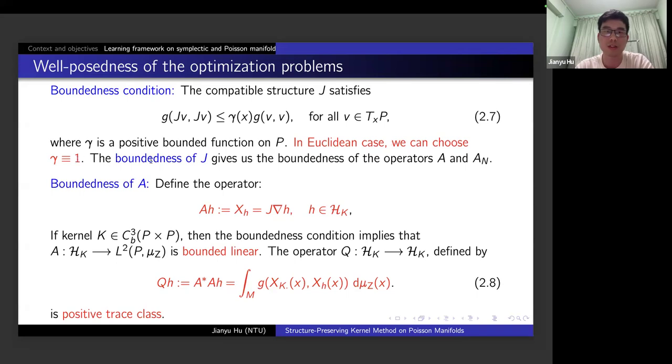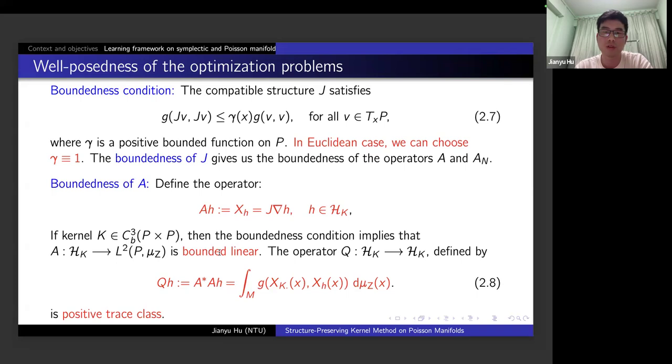As we will see later, the boundedness of J gives us the boundedness of the operators A and An. The operator A is defined as a map from the RKHS to its associated Hamiltonian vector fields. We can show that if the kernel lies in CB3, then the operator A is bounded linear from the RKHS to L2 space.